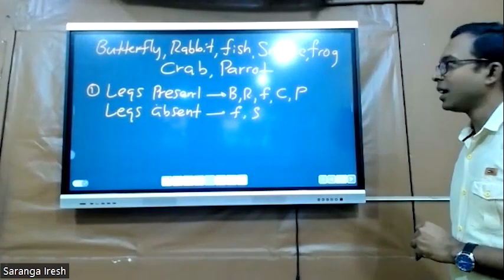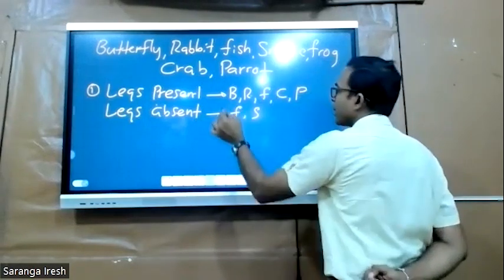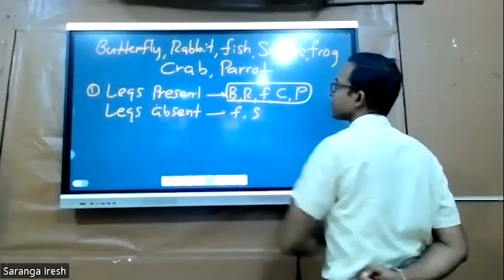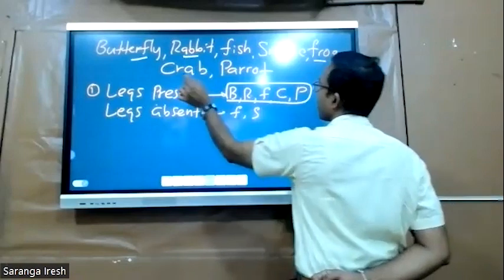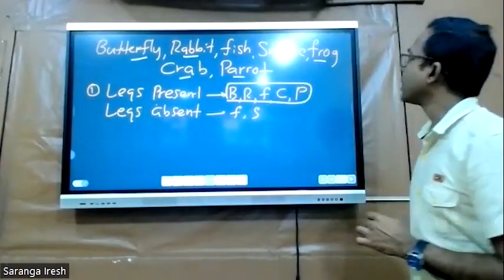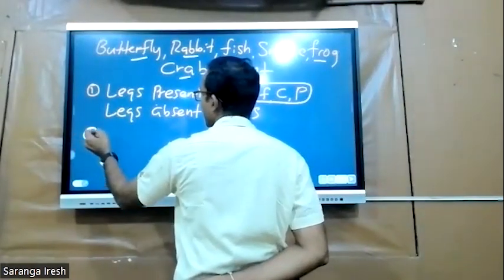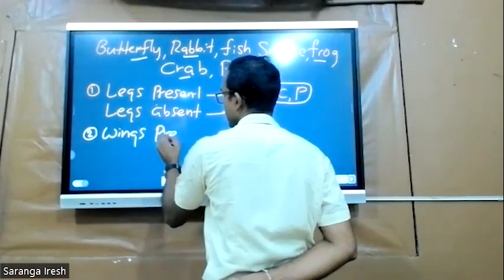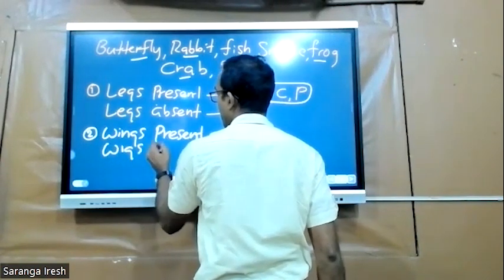Okay. Now I am going to classify this list. Make a list to classify. That means butterfly, rabbit, frog, crab, and parrot. So what are the two statements? Wings. Yes, wings present, wings absent.